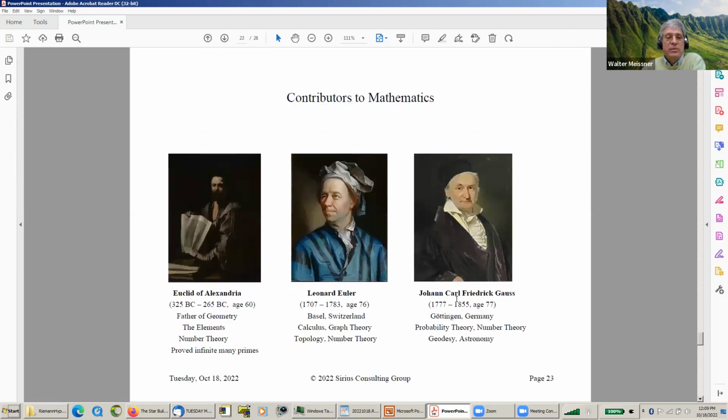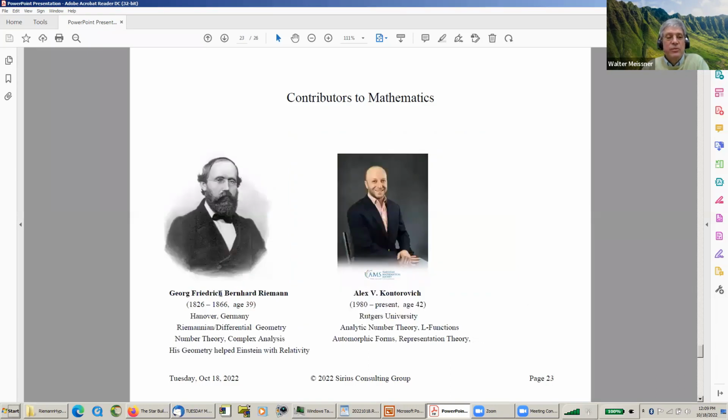Okay, so here are some of the contributors. We have Euclid, Leonhard Euler, Johann Carl Friedrich Gauss, and Georg Friedrich Bernhard Riemann.